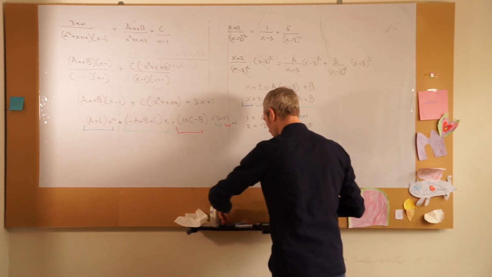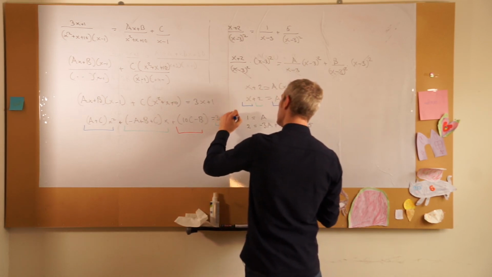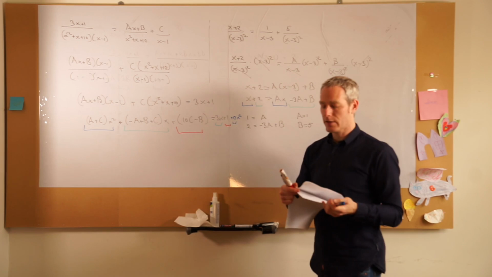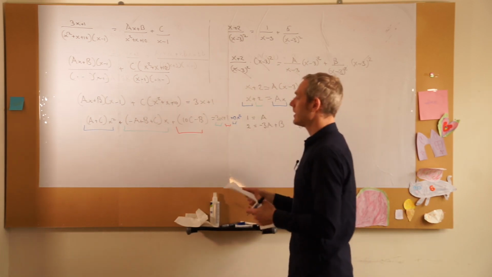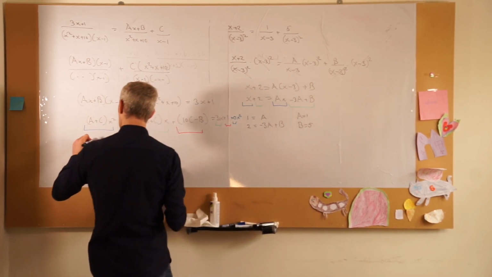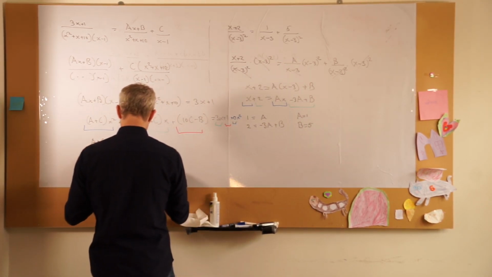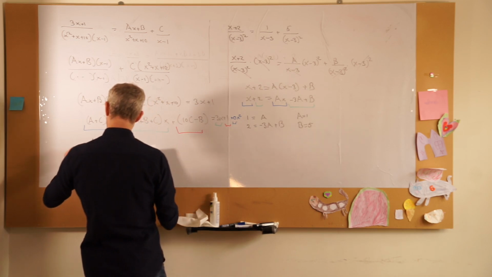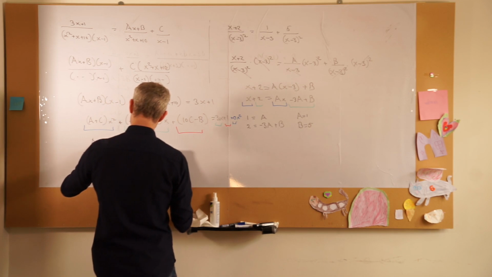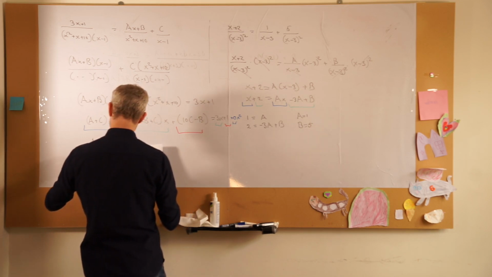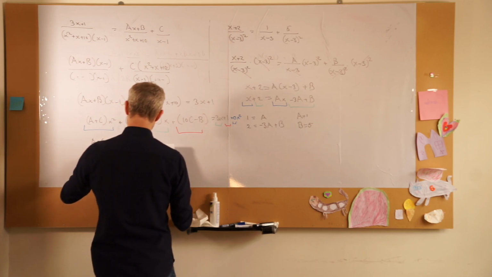So here the right side is 0x squared. So these three things have to be equal, and what we find is that a + c = 0, -a + b + c = 3, and -b + 10c = 1.